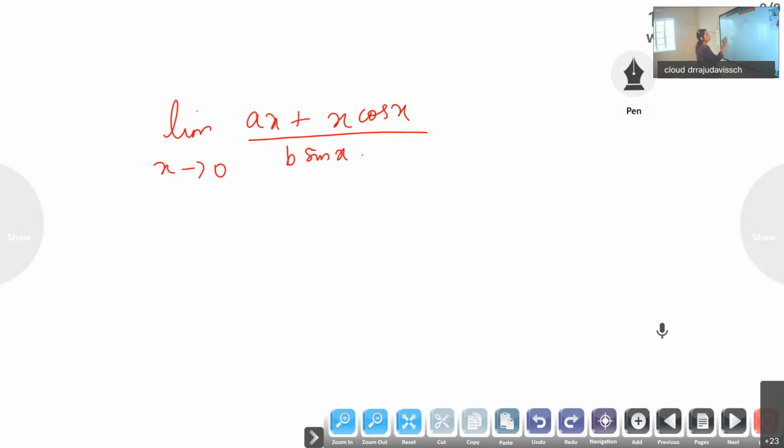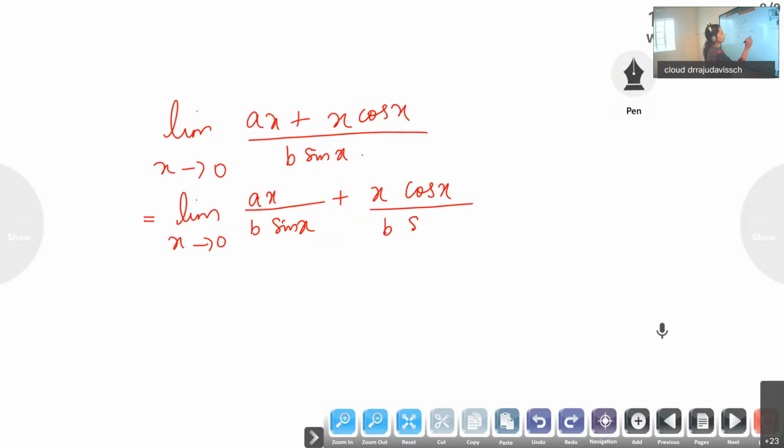What we can do? This one can be split like this. Limit x tending to 0, the common denominator is that. I'm splitting this as ax by b sin x plus x cos x by b sin x. Is it okay?